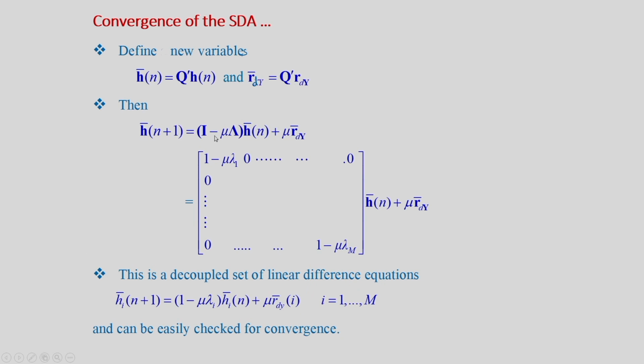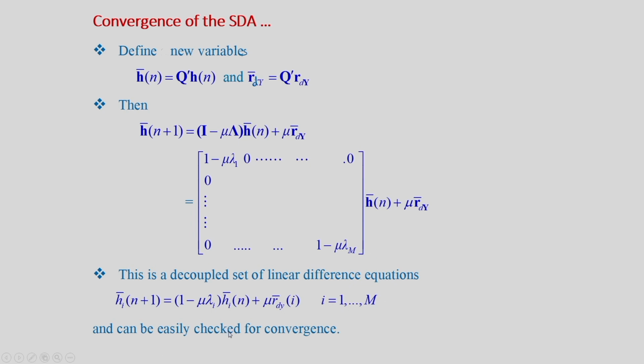Now, this set of difference equations is a decoupled set of linear difference equations and it will be given by h I bar n plus 1 is equal to 1 minus mu lambda I into h I bar n plus mu r dy bar I for I is equal to 1 to m.